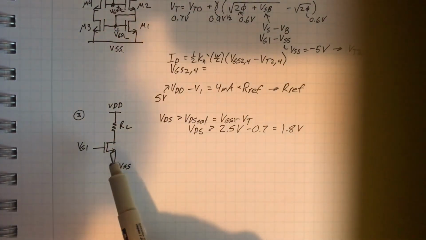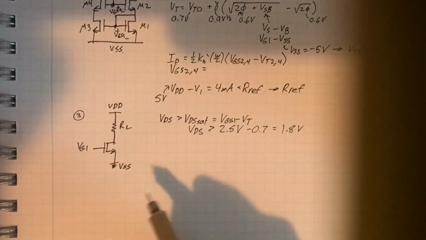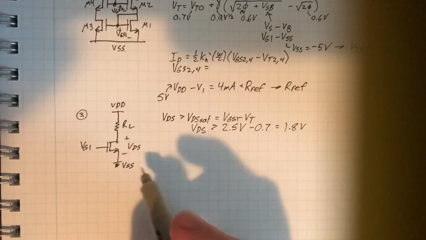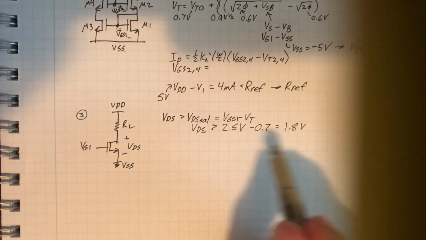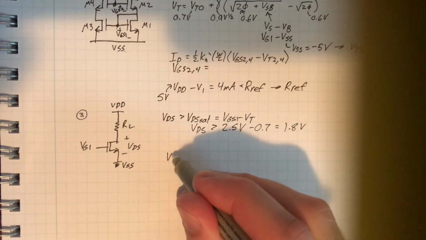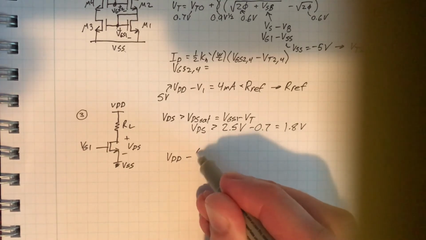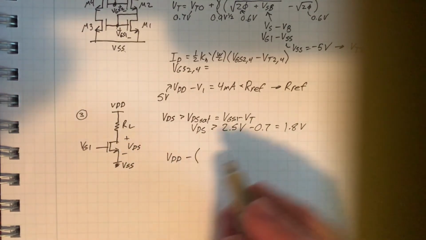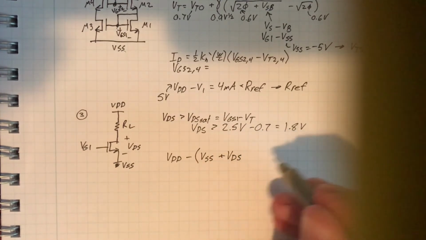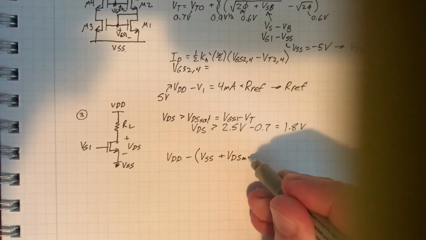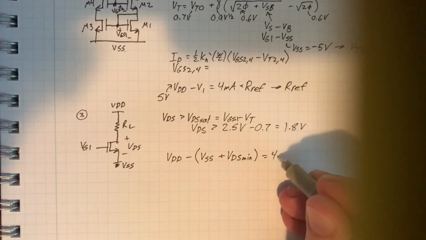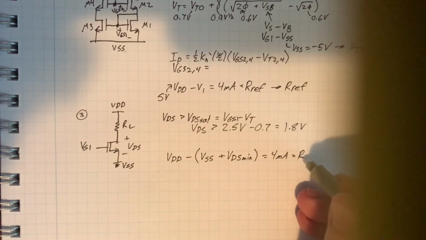So we have to use Ohm's law again. This is VDS. We know what the requirement is. We need at least a minimum of 1.8 volts across it. And so doing Ohm's law, VDD minus this voltage here, which would be VSS plus VDS, really this is VDS min, the minimum amount, is equal to 4 milliamps times RL.